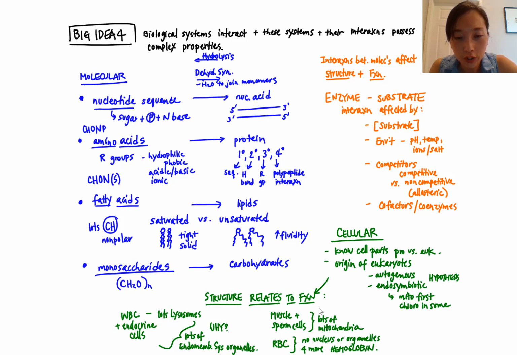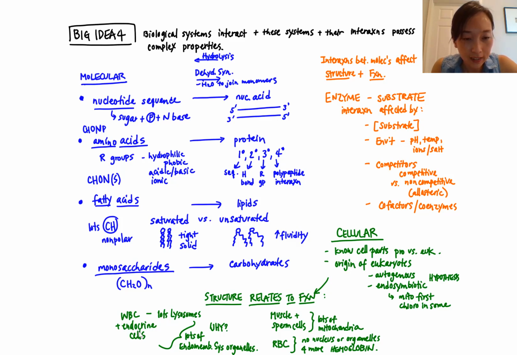Structure relates to function. This is a very important theme all throughout biology, so let's tie it into cellular biology. Anytime you're looking specifically at a type of cell that performs a specific function, you're going to find structures that help it in that function.